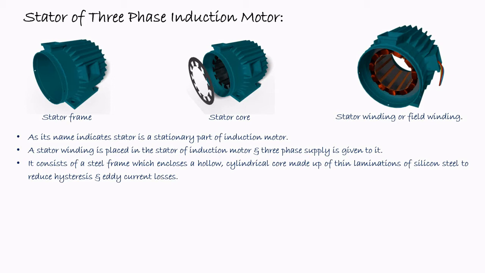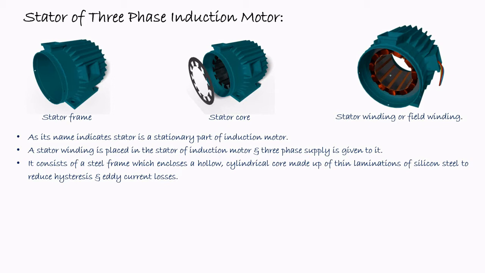So the frame of the stator is made of silicon steel, but it is not made of a solid material. Thin laminated sheets are used there, and there are some slots in the inner periphery of the stator. The thin laminations are used to reduce the eddy current losses, and the silicon steel is used to reduce the hysteresis loss.